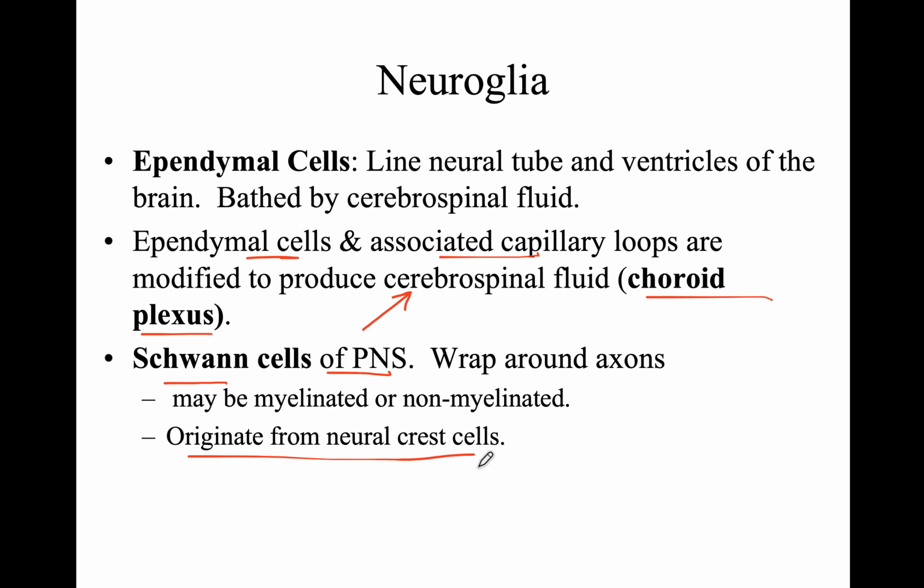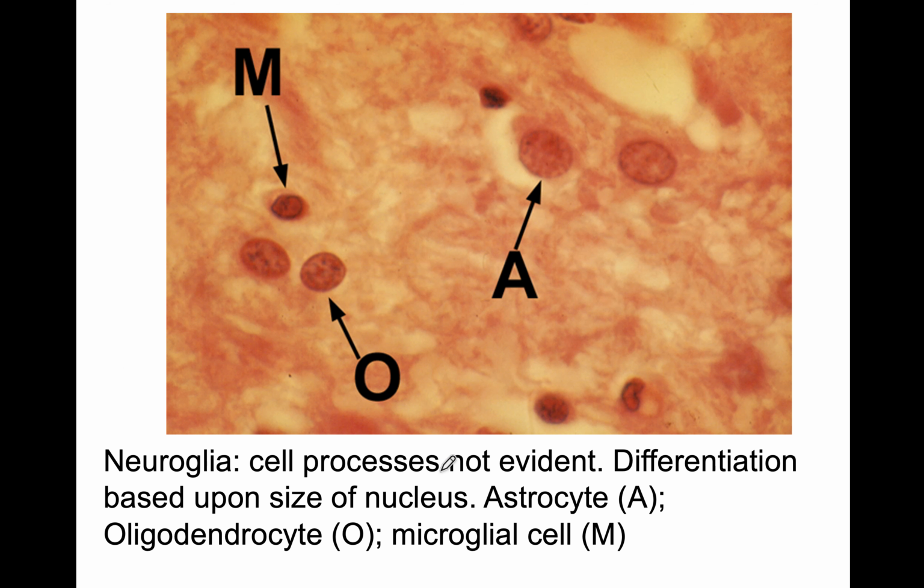So we have ependymal cells, neuroectoderm; oligodendrocyte, neuroectoderm; astrocyte, neuroectoderm as embryonic origin. And the microglia is monocyte, whereas the Schwann cells' origin is neural crest cells.